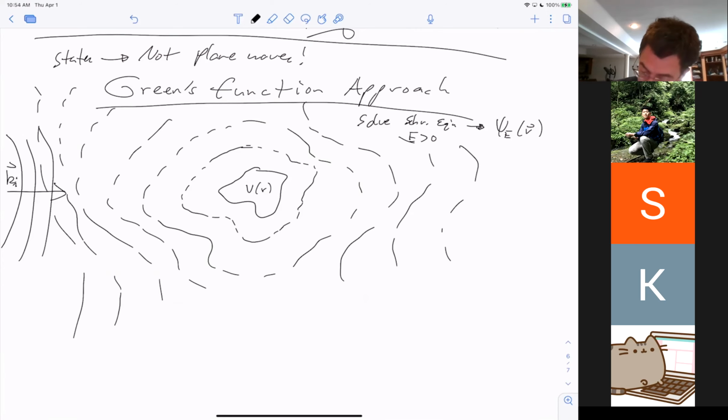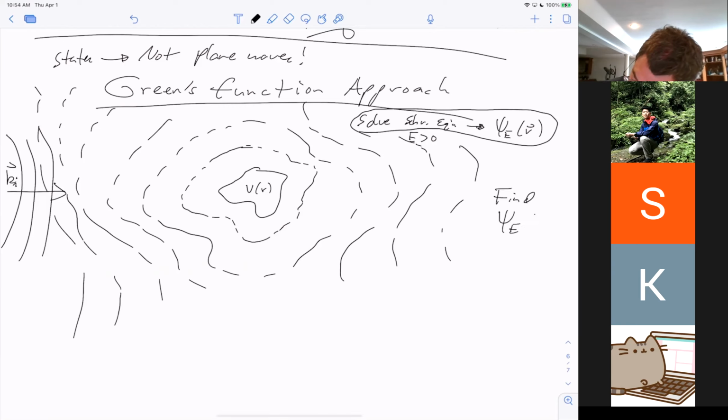So the more correct thing to do is to actually solve the Schrodinger equation for this weird potential and calculate the real wave function.